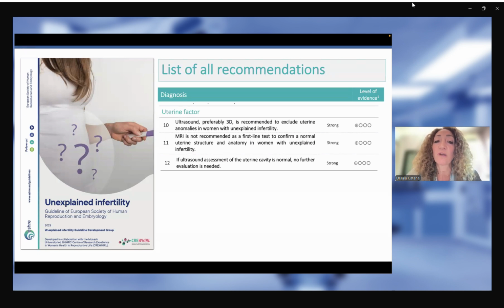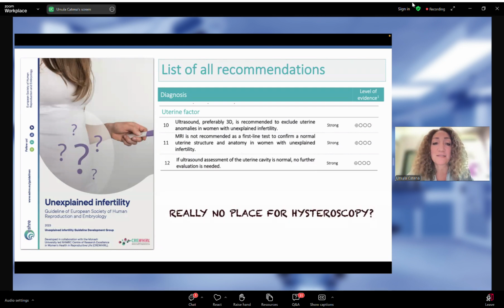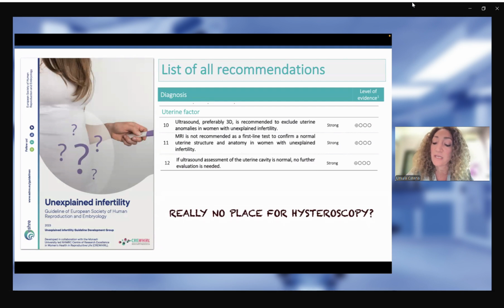MRI is not recommended, and if ultrasound assessment of the uterine cavity is normal, no further evaluation is needed. So the guidelines suggest there is no place for hysteroscopy in patients with unexplained infertility.